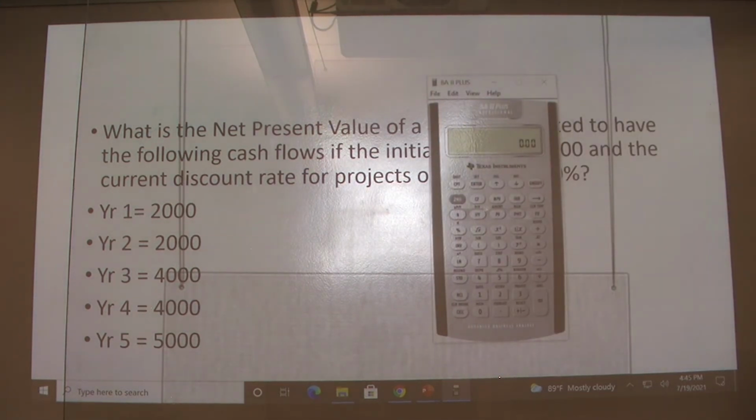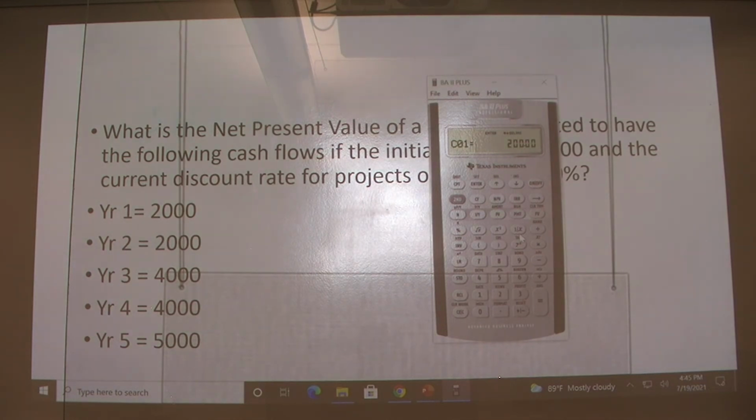What we need to do is go to our cash flow. So our first cash flow is what? Well, we have 10,000, and it's negative. Enter. First cash flow. So cash flow 0, it's negative 10,000.